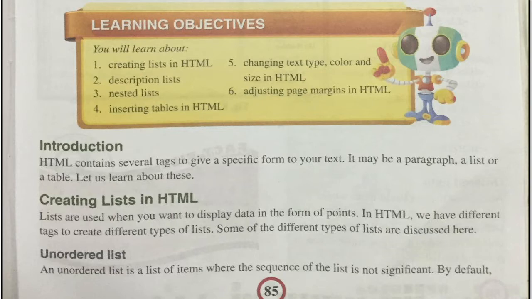Whoever is first in the list, or whoever is second, whoever is third, it doesn't matter. That is why it is an unordered list. It doesn't matter who is first, who is second, and who is the last. That is what they call an unordered list.